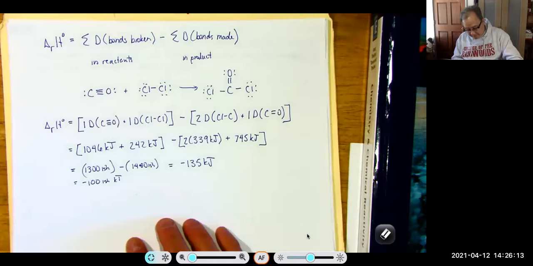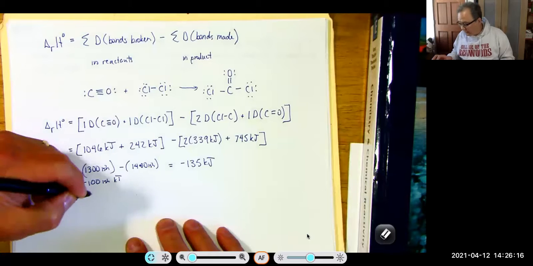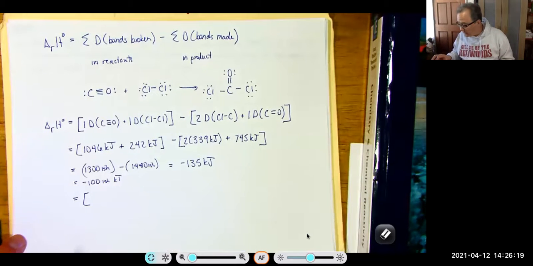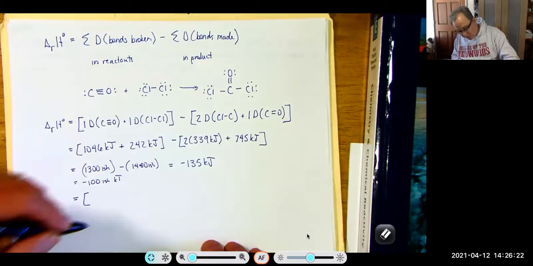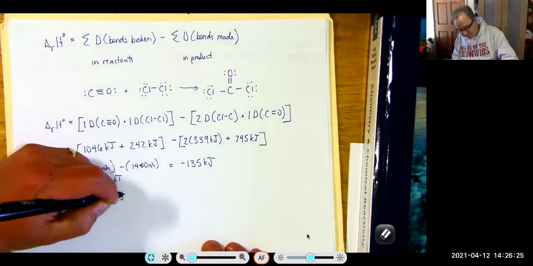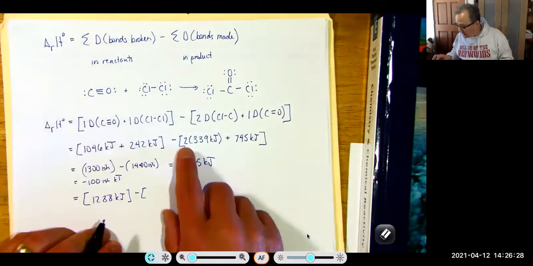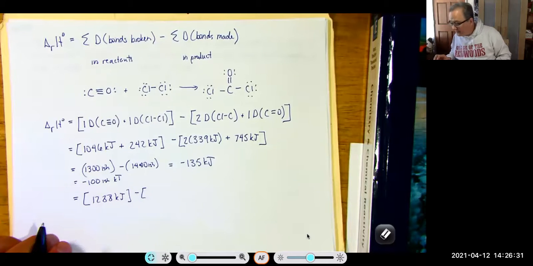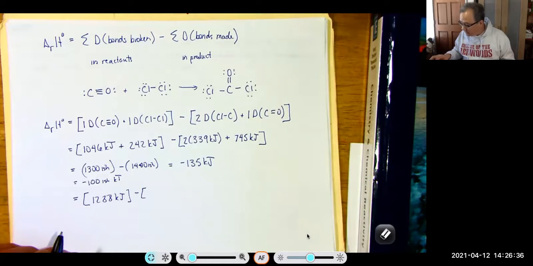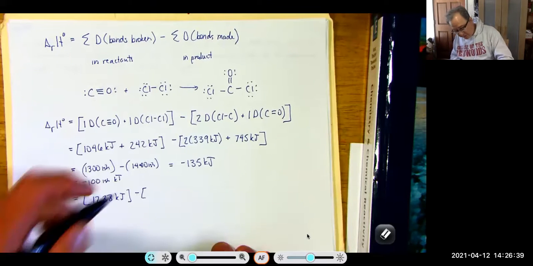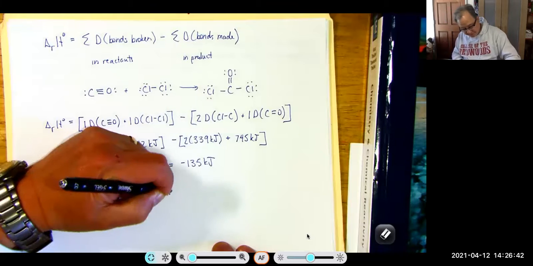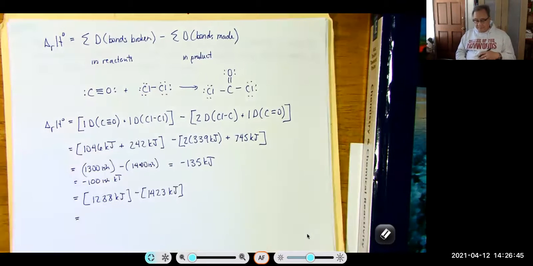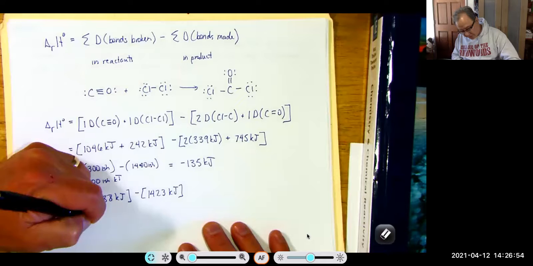What's that? Mistakes. Let me see. So the 1046 plus the 242 is 1288 kilojoules. And the 2 times 339 is 678. Then plus 745 is 1423 kilojoules. And I still get minus 135 kilojoules.